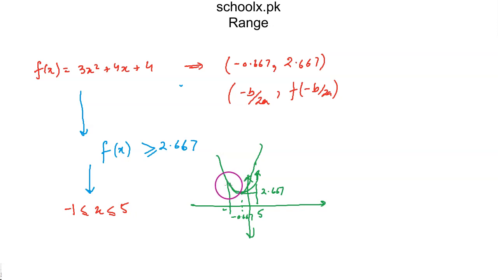So the output value of this graph actually decreases, then it increases. Hence the output value of this graph for this domain will be, you can guess, from 2.667 till 99, because this is our least point and this is our least value.